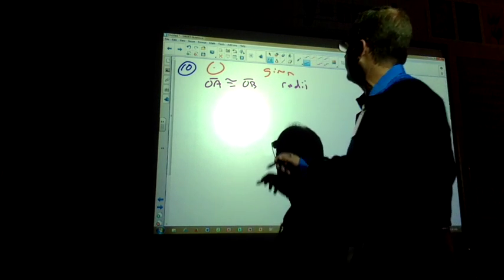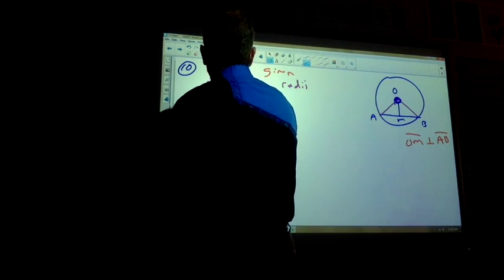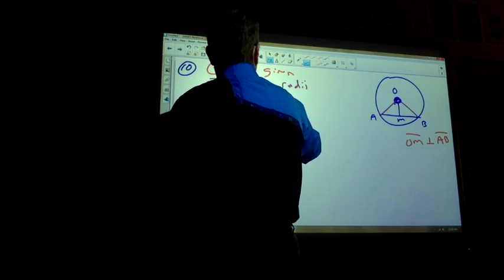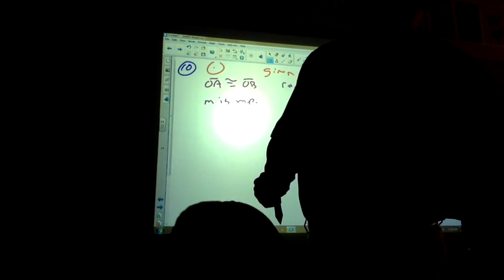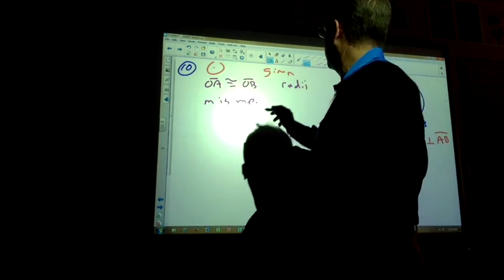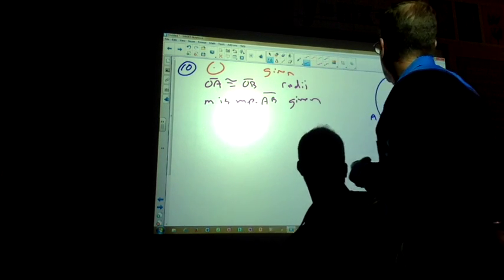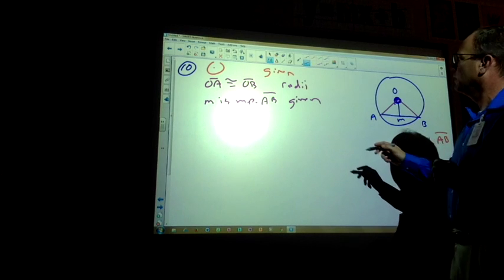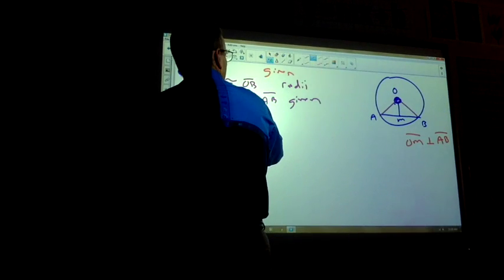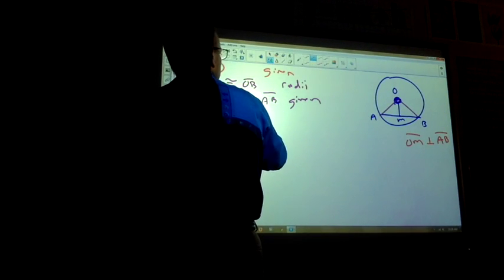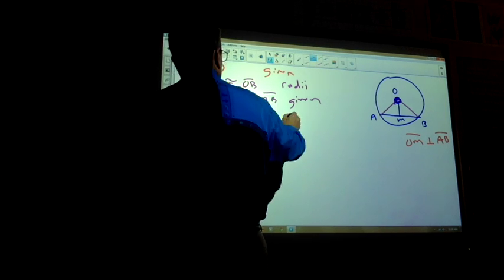M is the midpoint of AB, so that's given. So then you could easily state that AM is congruent to MB, definition of midpoint.